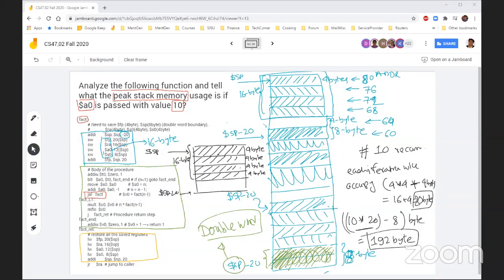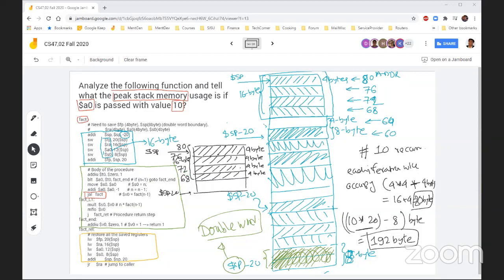And so basically, remember, this is the first free space to start with, right? If we start associating with an address value like 80, then -4 is 76, then 72, then 68, right?